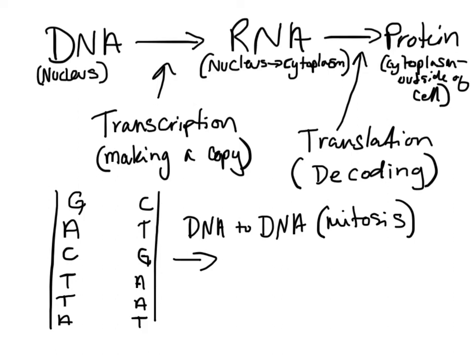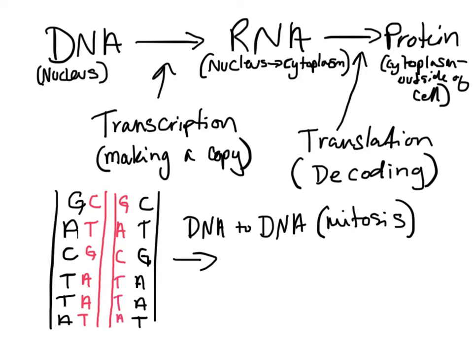We'll get there. Okay, so if I was to make a copy, we're going to talk about how this unzips. But if I was to make a copy, I would have two new strands. I'd have one strand here that said C, G, C, T, G, A. And then I would have this side, which would be G, A, C, T, T, A. Okay, so I would have two copies of my DNA, correct?